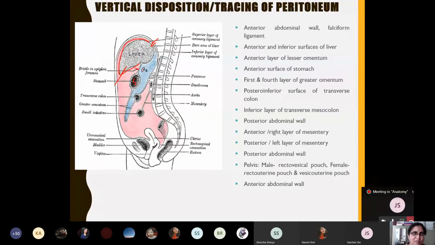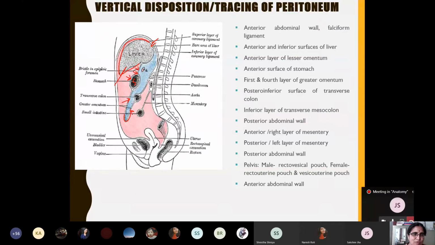This is the anterior layer of lesser omentum. Then from the lesser curvature, it is reflected and lines the anterior surface of the stomach. Then from the greater curvature, it suspends downward as the first and second layer of greater omentum. The first layer will fold upon itself and forms this layer.